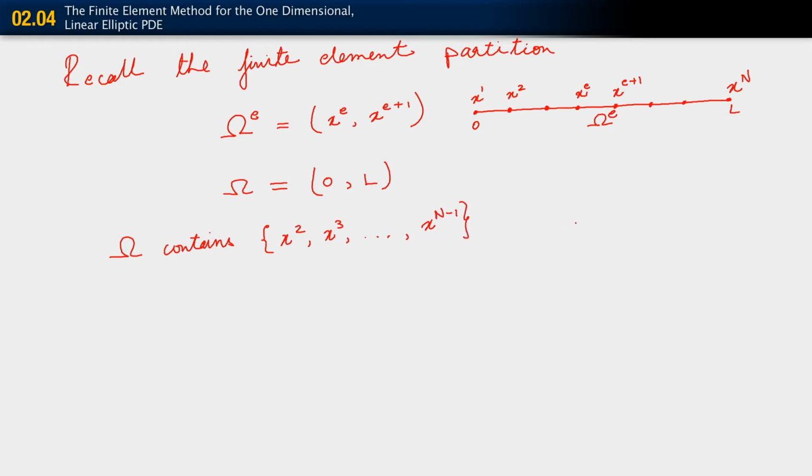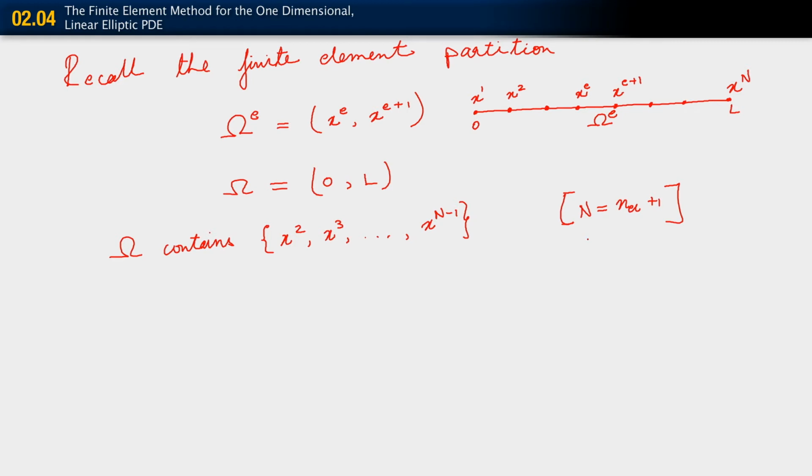And I note that since we're using NEL for number of elements, we also have the following relation: the total number of nodes is equal to the number of elements plus 1. Let's just remember that because later on we may want to use NEL to number everything.